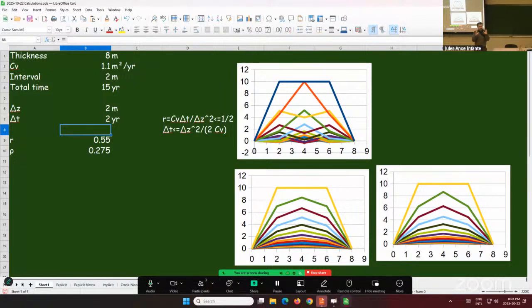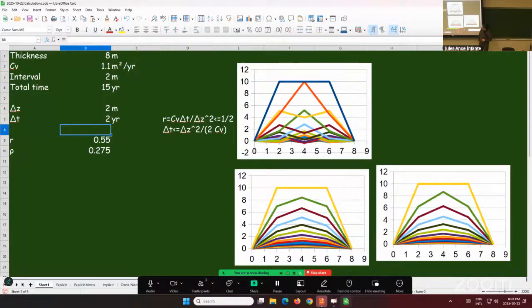CV controls the speed of the movement of the information. And so when you're trying to predict something faster than the information can propagate through your numerical scheme, you get these things. Now these, because of the nature of the matrix inversion, the fact that you're predicting in the future, are much more stable in terms of the time.